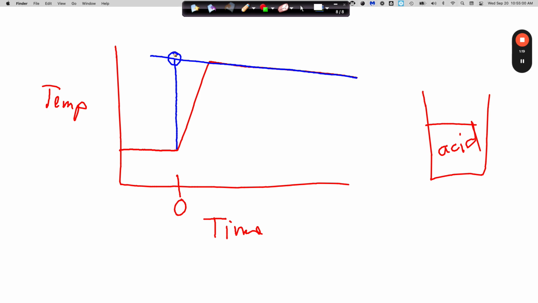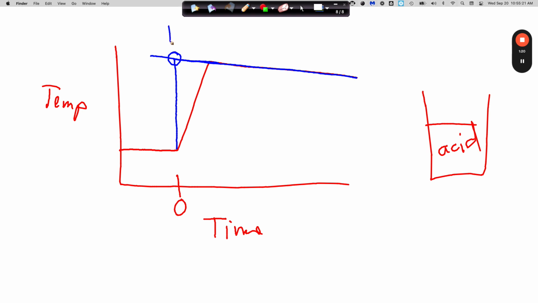It represents the temperature the instant these are reacted together. And what it does is it compensates for the fact that the reaction's temperature is going down even as it's going up.